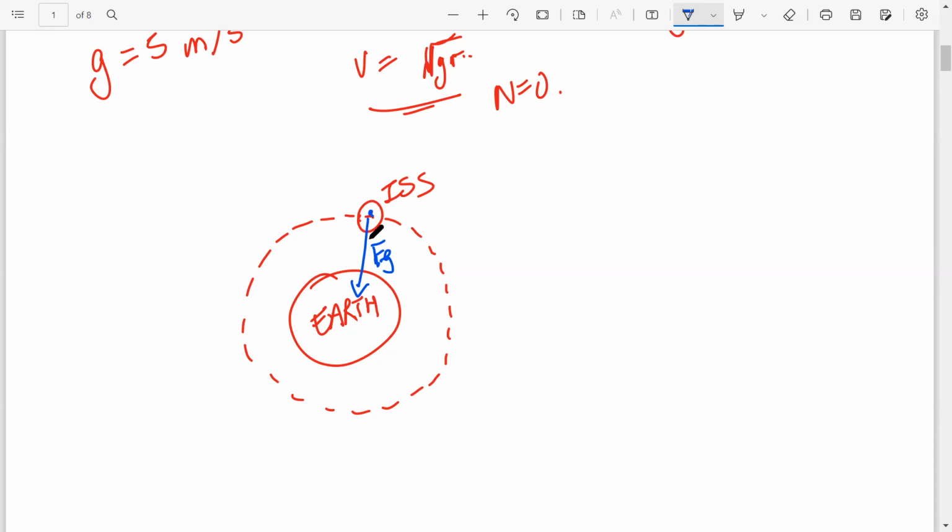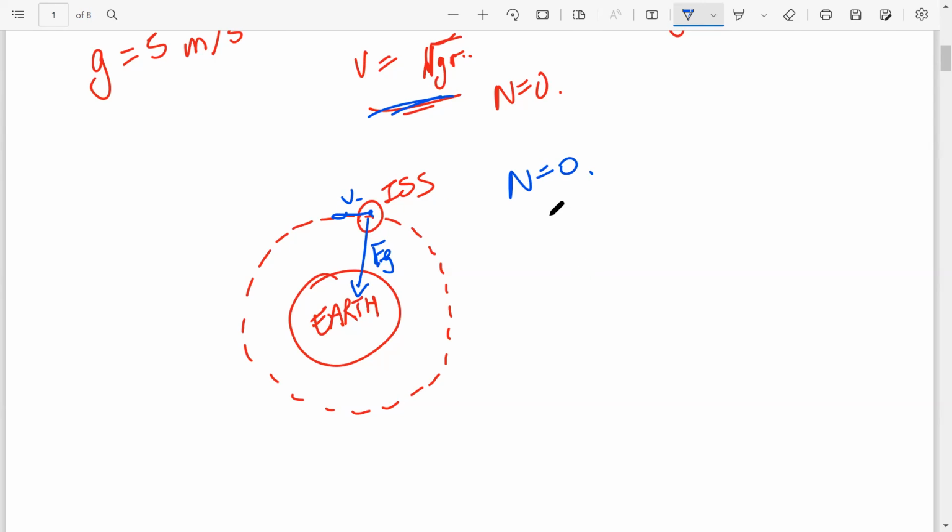At a particular location, at a particular speed that it is moving, which you can do by calculations later when you learn the chapter on gravitation, they will be moving in such a way that N equals 0. That's why they are floating around. They are not in contact with the surface of the space station.